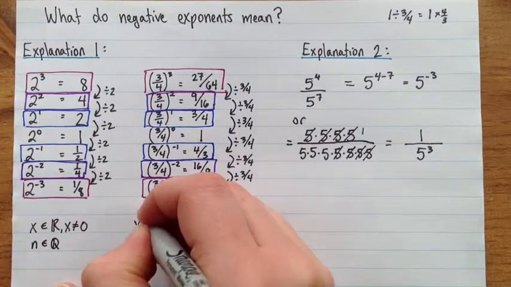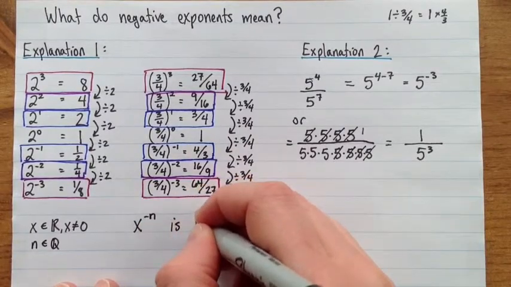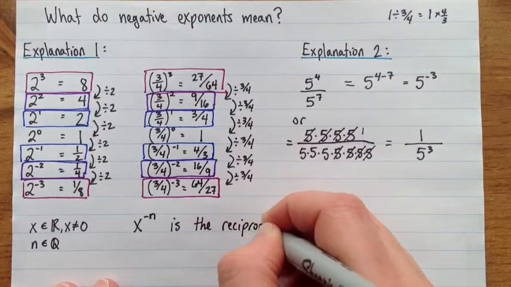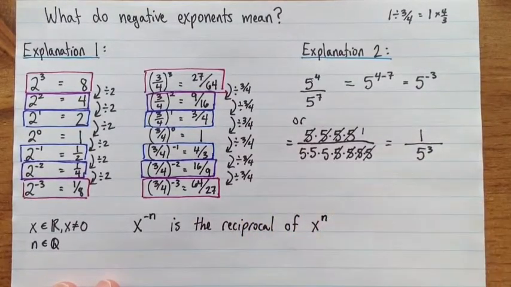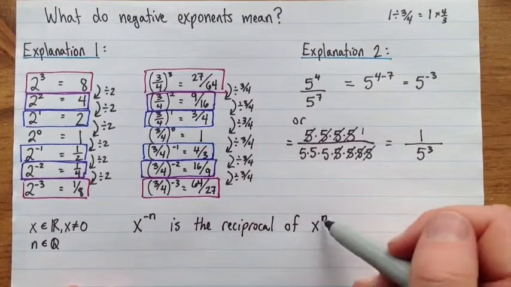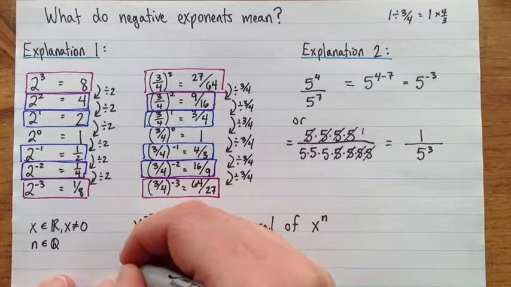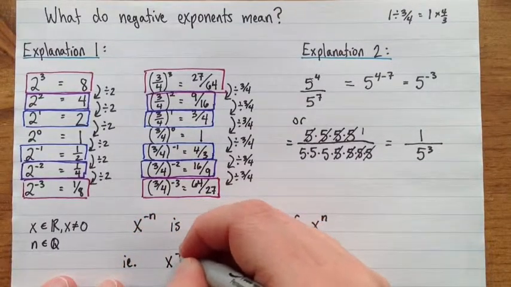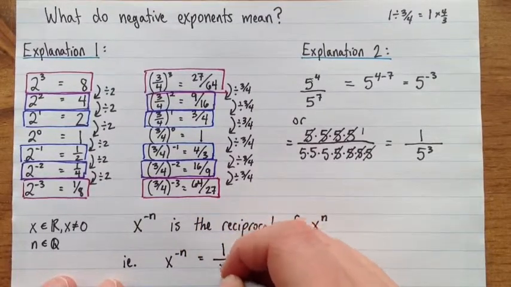So x to the negative n is the reciprocal of x to the exponent n. So what that means is you do x to the exponent n and you flip it upside down. That is, we can write x to the exponent negative n equals 1 over x to the n.